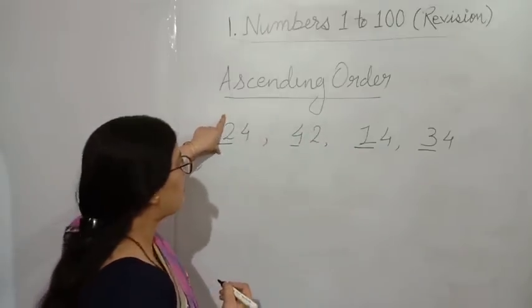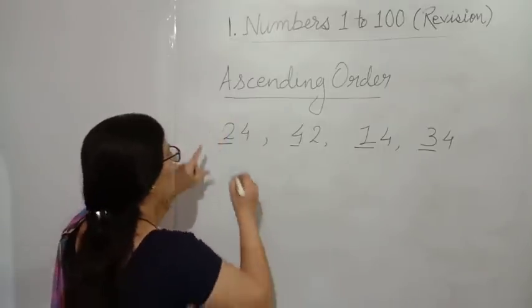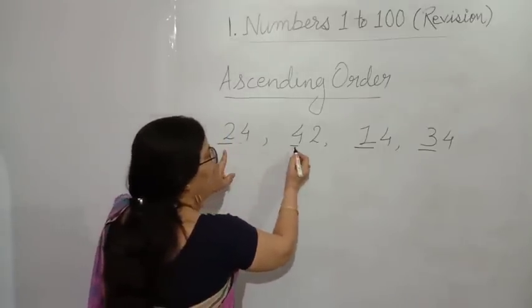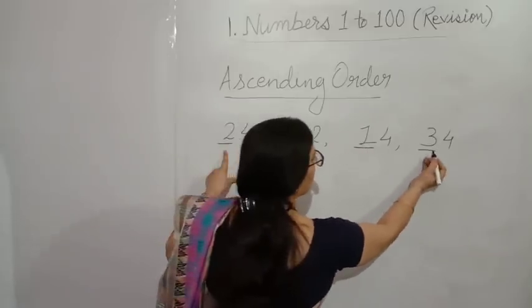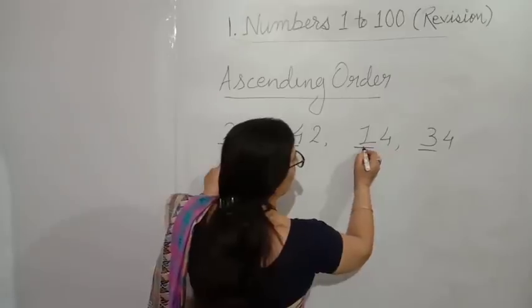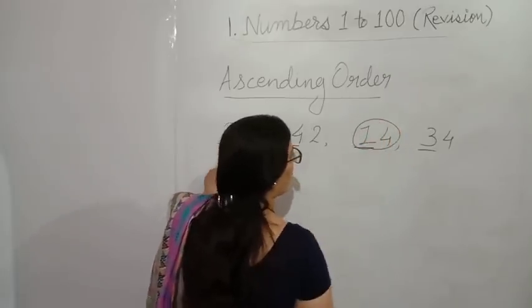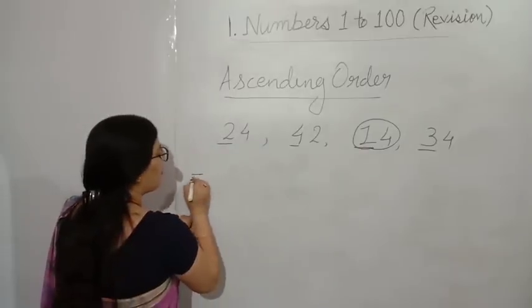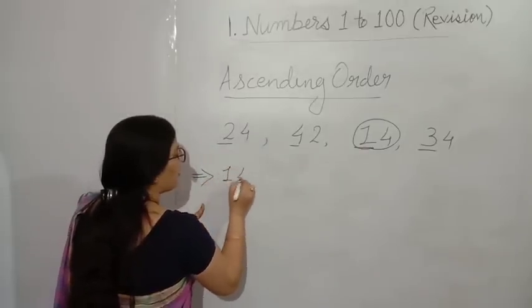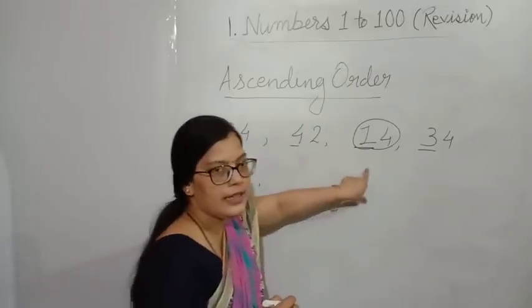In these 2-digit numbers, the highest place is the tens place. So let's see 2, 4, 1 and 3. Which is the smallest number? The number with 1 at the tens place. So first we'll write 14, the smallest number among these.